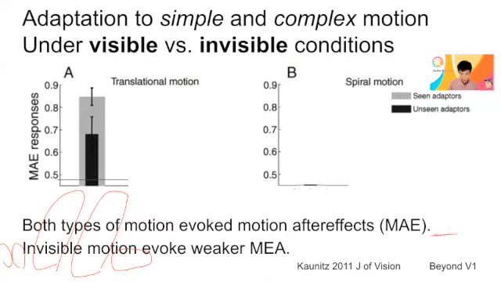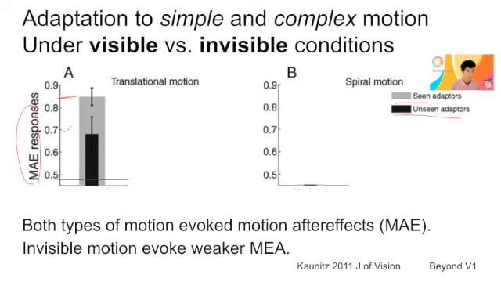All right, then what they found. First, with the simple translational motion, that grating going up or down, the magnitude of the motion aftereffect for the visible ones is very strong, like 89%. And for the invisible one, it can still generate lots of aftereffects.